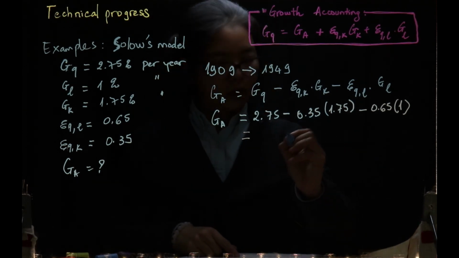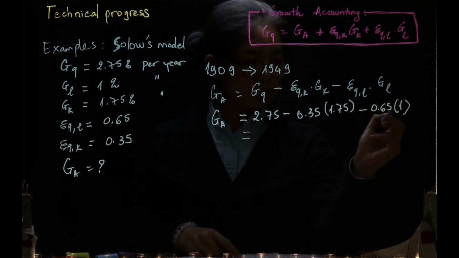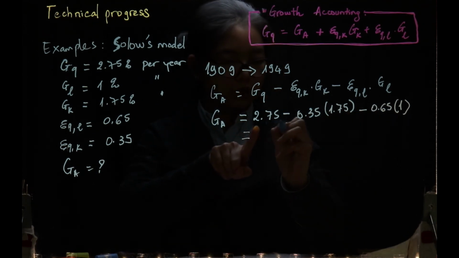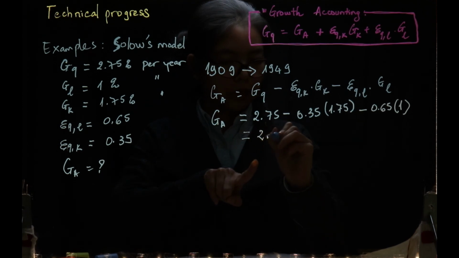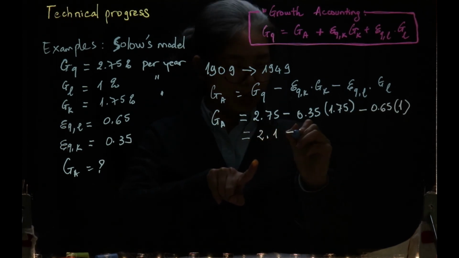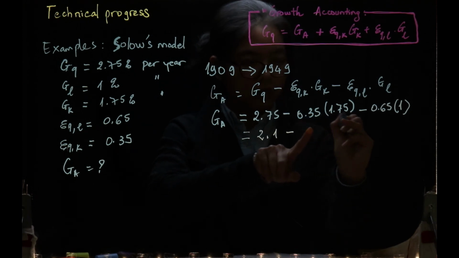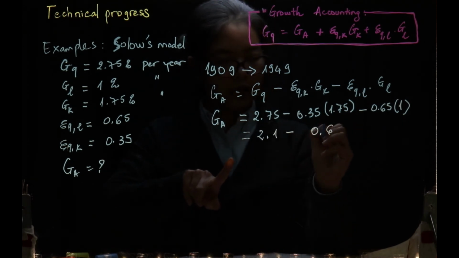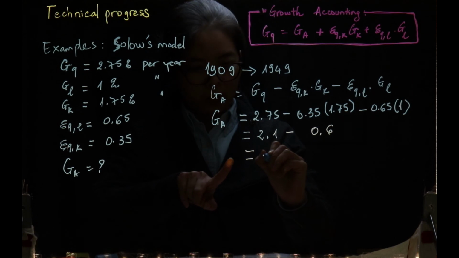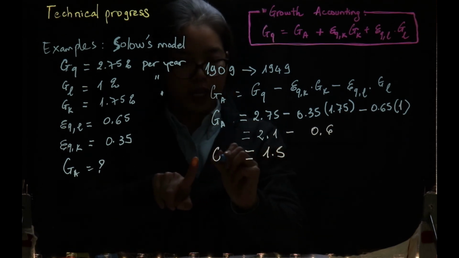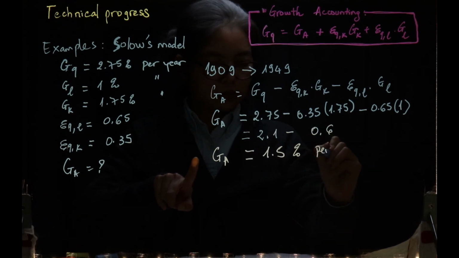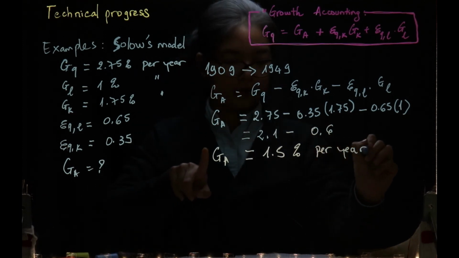Then, if here you have 0.65, the result here is 2.75 minus 0.65, so that is 2.1 left, right? And minus here 0.35 times 1.75 is 0.6. So at the end it equals 1.5% GA per year, right?